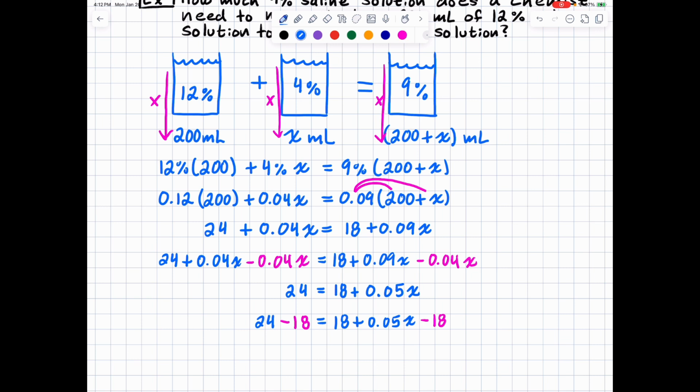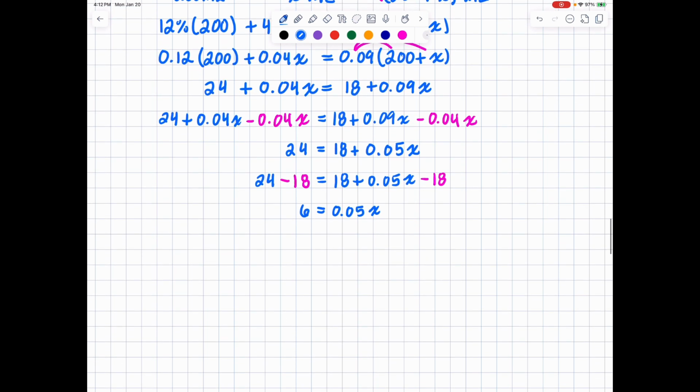So now 24 minus 18 is 6. So I'm going to write 6 here. And again, you can use your calculator for this. And on the right-hand side, I'm left with 0.05x. Okay? Now, to get rid of that 0.05x, I'm going to multiply both sides by 1 over 0.05.